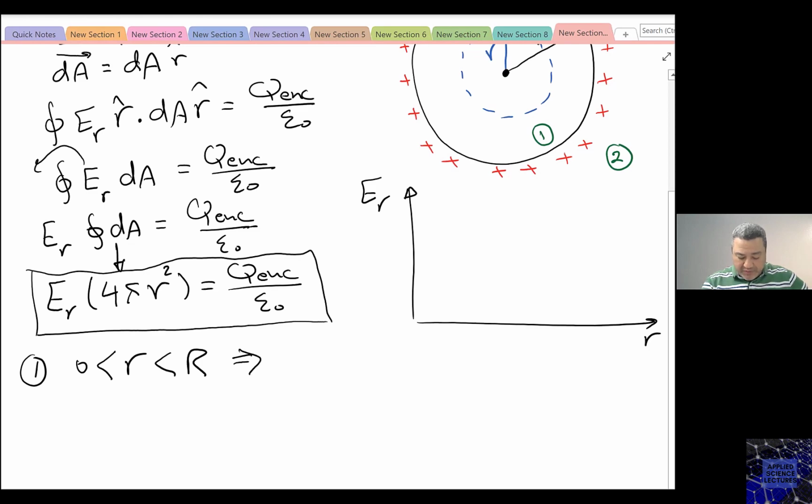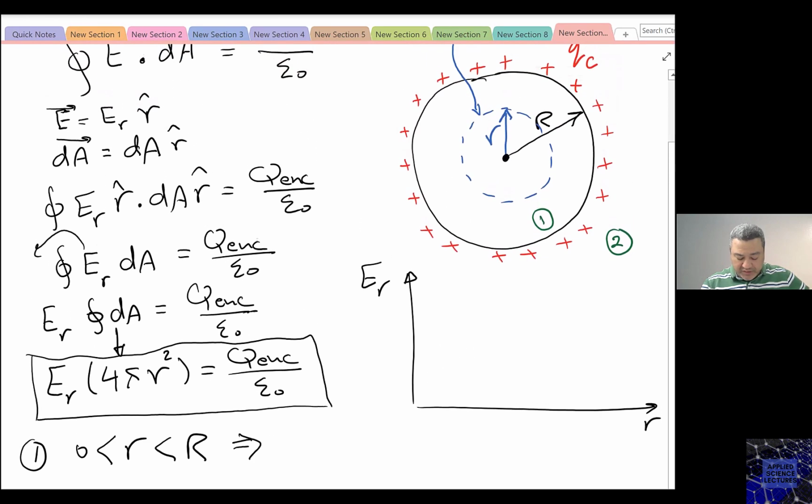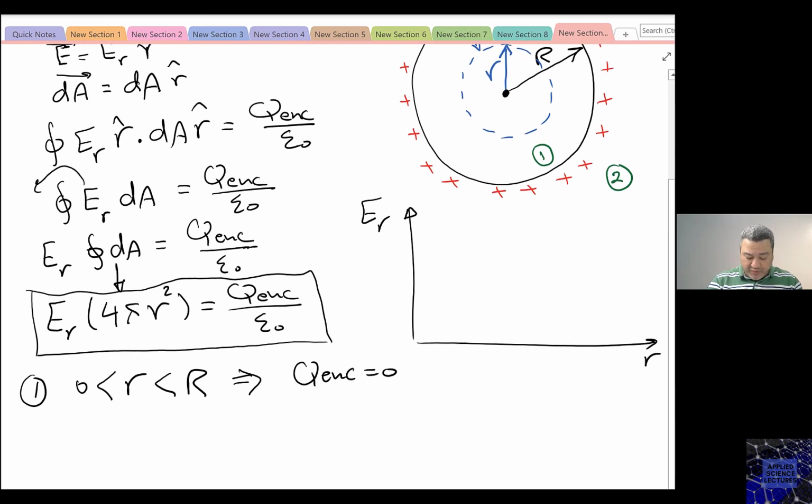This Gaussian surface does not enclose any charge, so Q enclosed equals 0, which means the electric field equals 0 within this region.